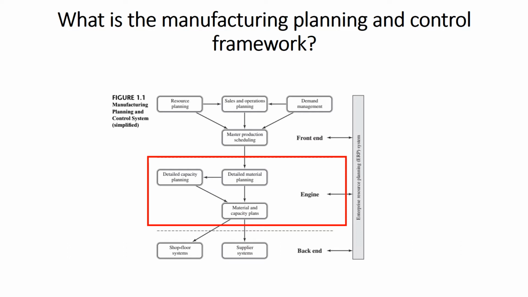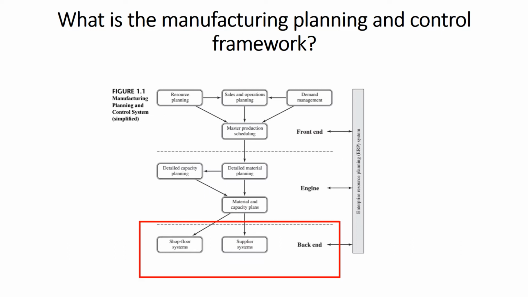The bottom third, or back end, of Figure 1.1 depicts MPC execution systems. Here, again, the system configuration depends on the products manufactured and production processes employed. For example, firms producing a large variety of products using thousands of parts often group all equipment of a similar type into a single work center.